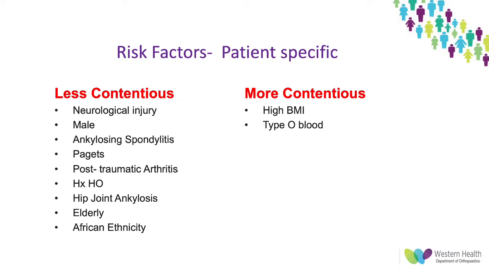In terms of the less contentious risk factors, these include neurological injury, being male sex, ankylosing spondylitis, having a history of Paget's, post-traumatic arthritis, a history of previous HO, hip joint ankylosis, being elderly, and having African ethnicity. And those risk factors which are more contentious and more debated in the literature include having a high BMI and having a type O blood.